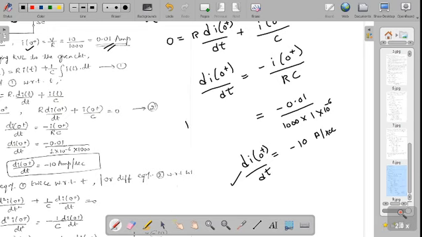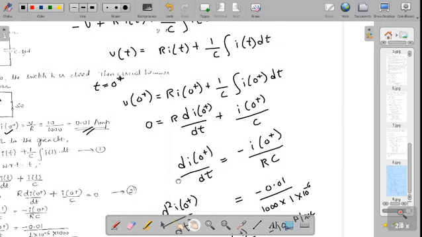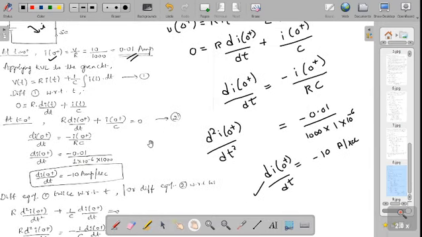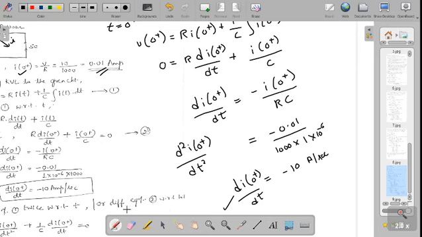Now you are asked to find the second derivative of this. What we need to do is derive this equation again. You treat this equation as equation 2, and we try to derive that again. You have found minus 10 ampere per second is the value of the first derivative of current.